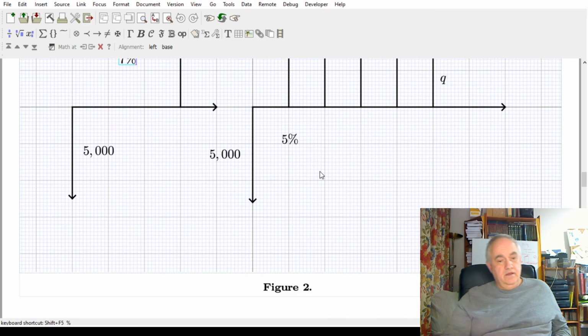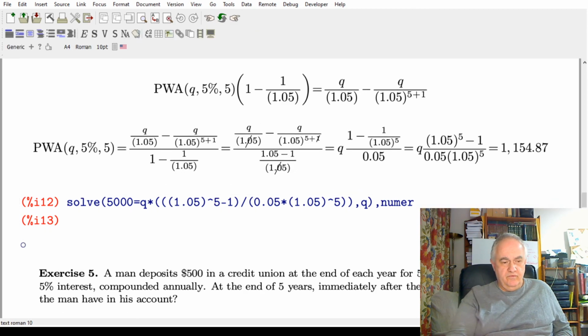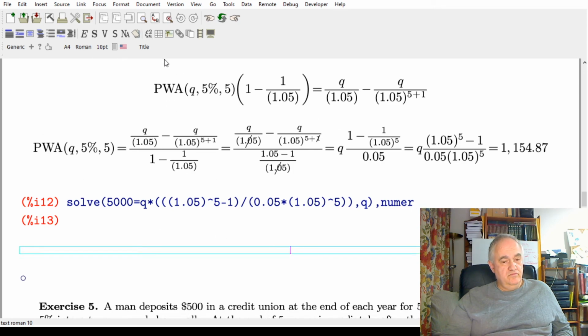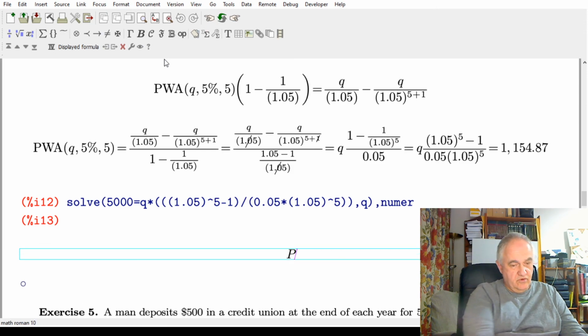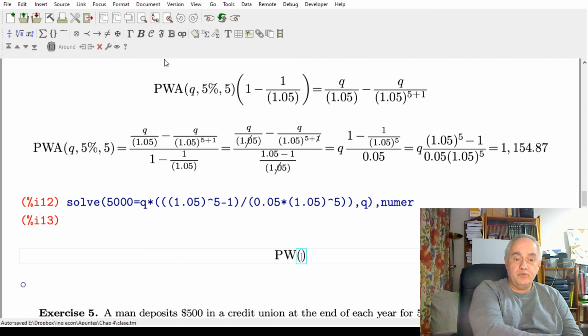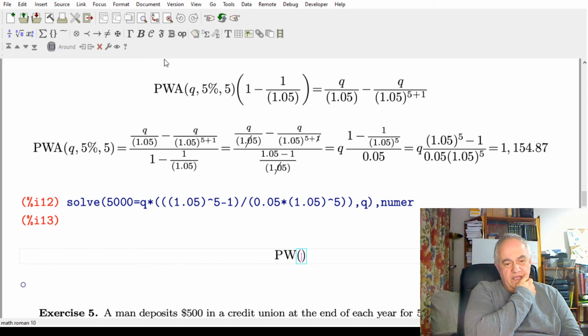Okay, now we will repeat the process, but not so long. Okay, I will say, okay, present worth, we will want to obtain the present equivalent that, if invested, will reproduce this payment, okay, at 7%.